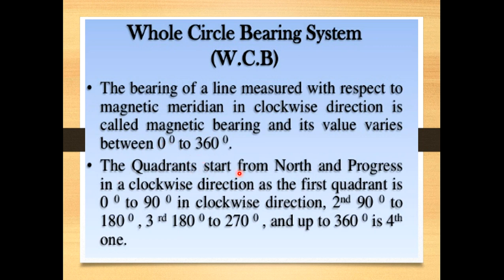The quadrants start from north and progress in clockwise direction: the first quadrant is 0 degree to 90 degree, then the second quadrant 90 degree to 180 degree, then the third quadrant 180 degree to 270 degree, and up to 360 degree is the fourth one.